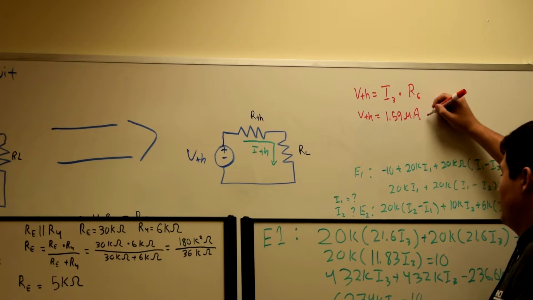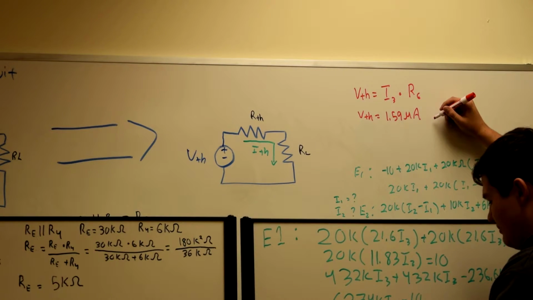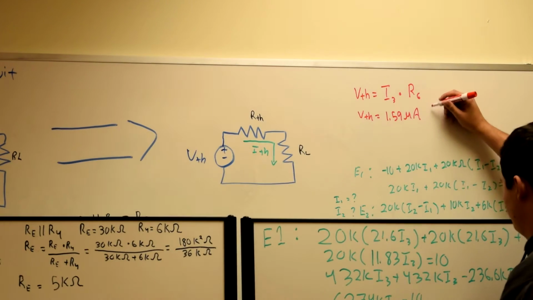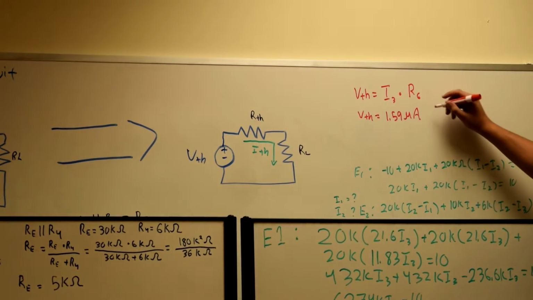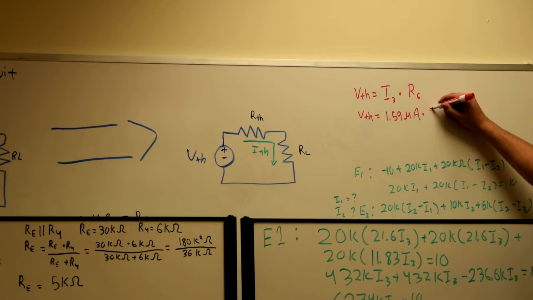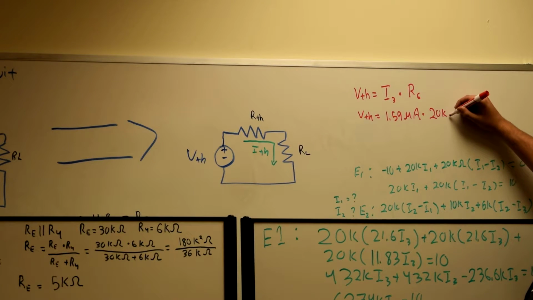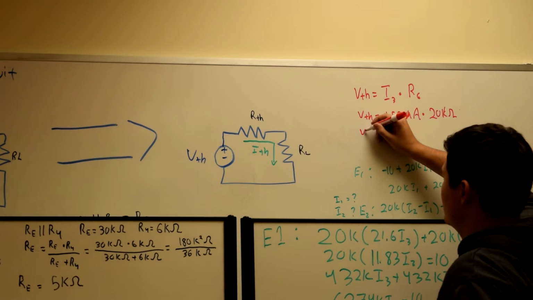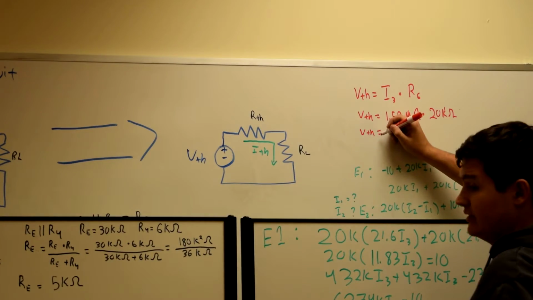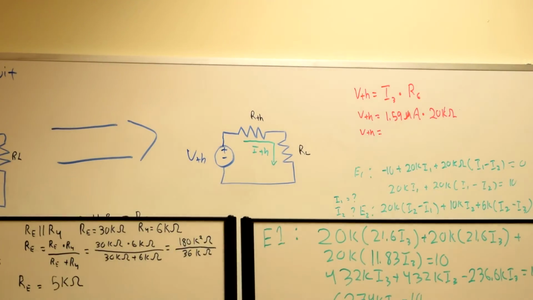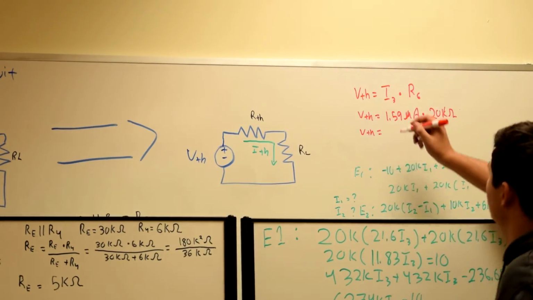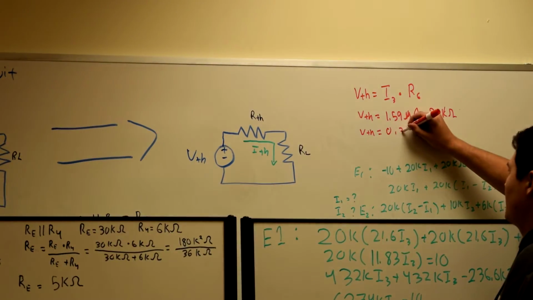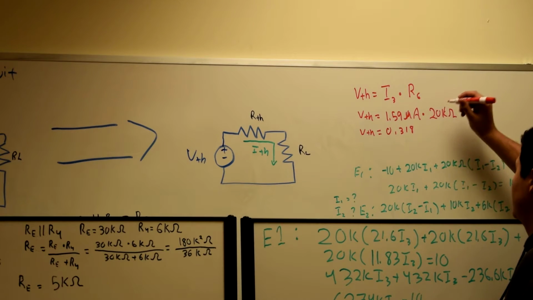And I'm sorry, not microvolts, microamps. I apologize. Times 20K ohms. And so these guys cancel out, and we end up with VTH is equal to 0.318 millivolts.